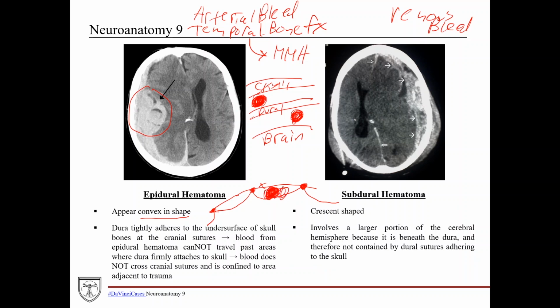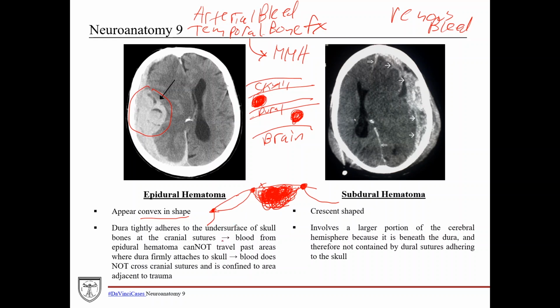And so as the blood accumulates, it continues to expand. However, it's confined to this pocket of the dura because they're so tightly adherent to the surface of the skull at these cranial sutures. And so as you can see here, as I'm continuing to color this in, you can see where it gets this lens-like shape, this convex shape like this, and that's because of this.